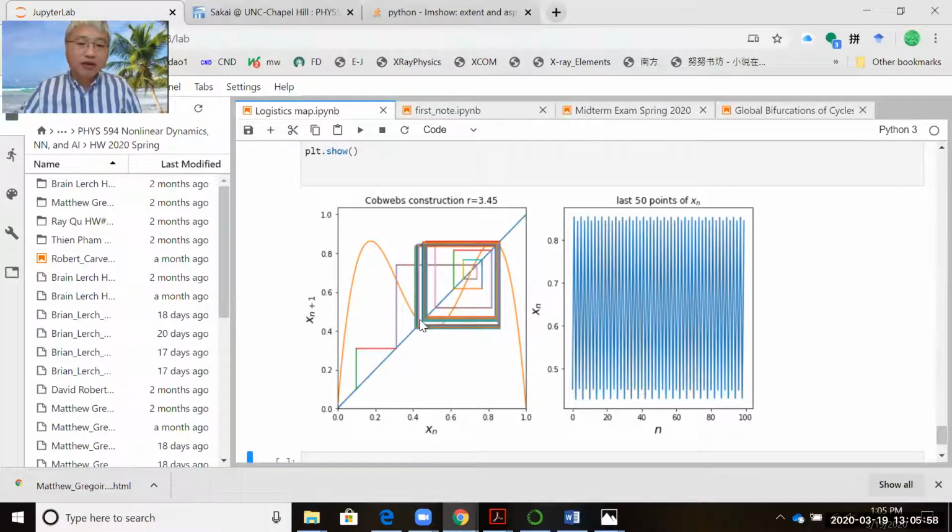Basically, what happened is the slope of the square map, at the fixed point, has become greater than 1. So the original fixed point of the square map, or second iteration map, becomes unstable, but it becomes stable for the fourth iteration map.